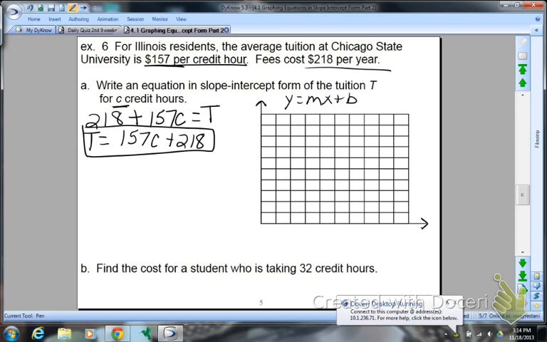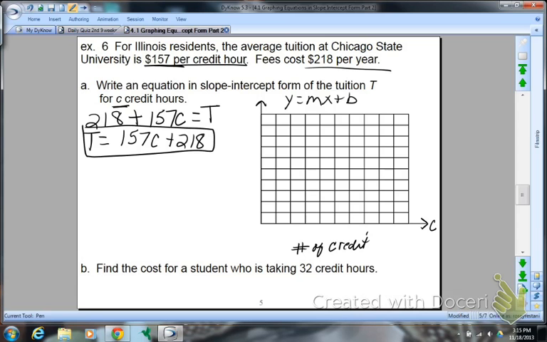In this graph, I did not give you what numbers to go by. In all the other problems, I gave you what to count by. I didn't this time. You have to figure it out. My horizontal axis stands for C, the number of credit hours, because you can go part-time and take a few.